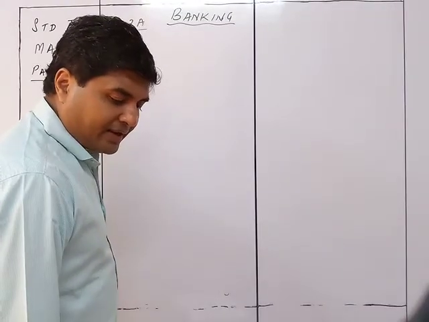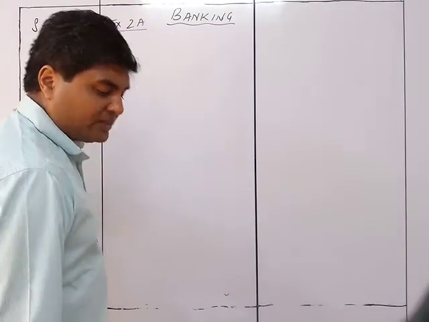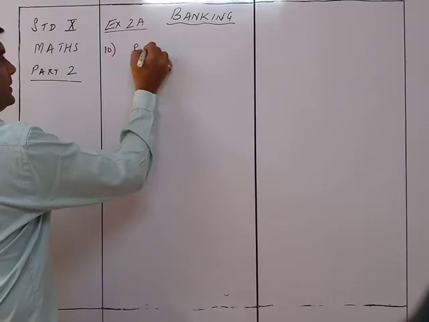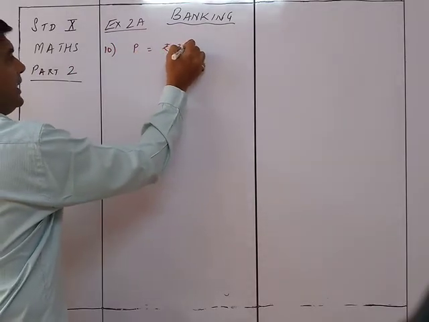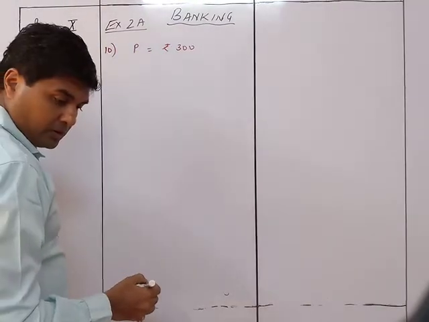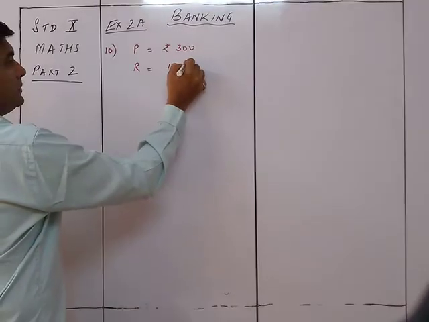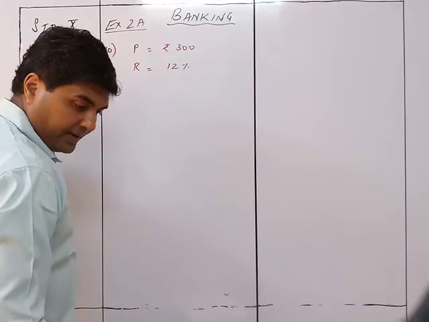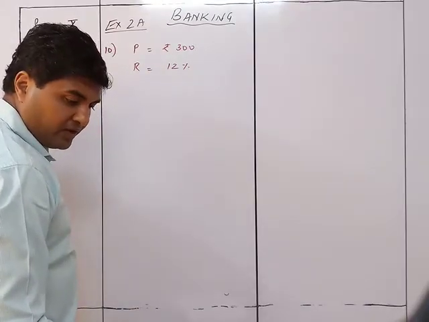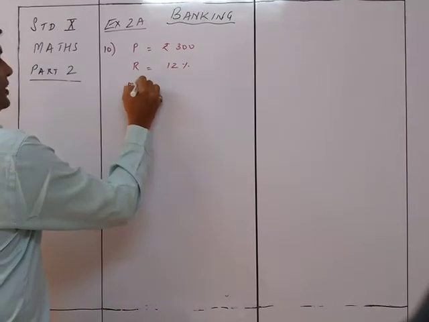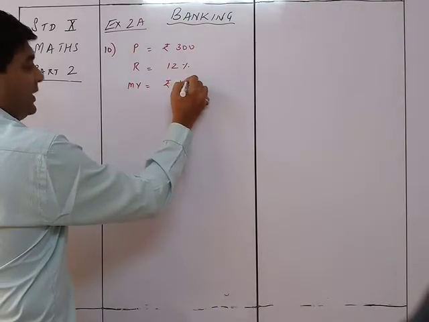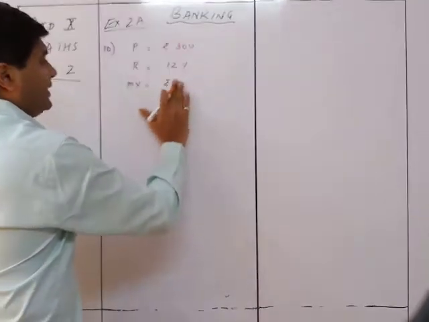Mr. Gulati has a recurring deposit account of 300 rupees. So that is principal is equals to rupees 300. Rate of interest 12%. So R is equals to 12%. And the maturity value is rupees 8100.